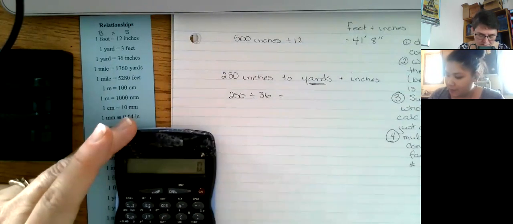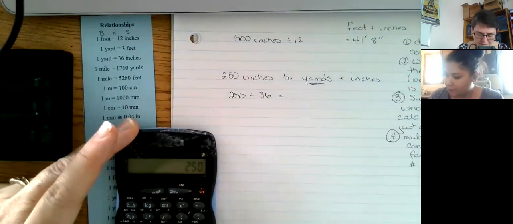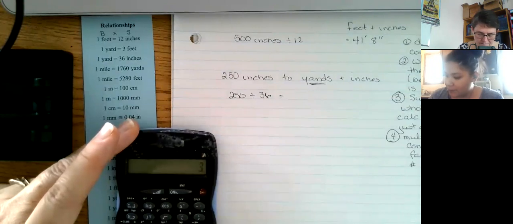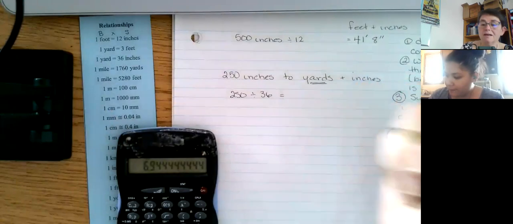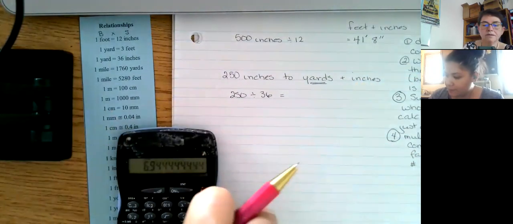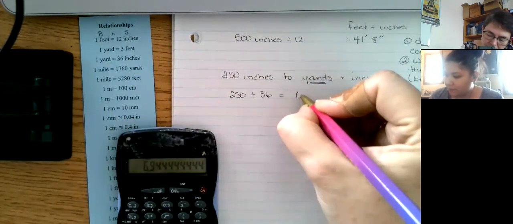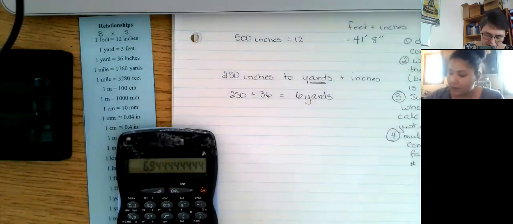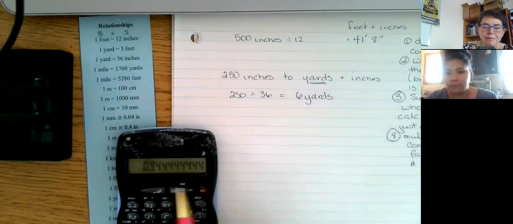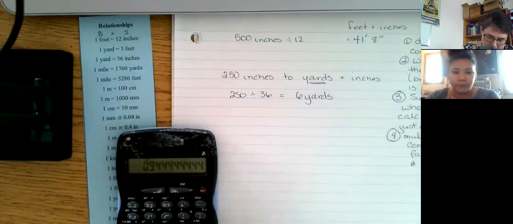All right, so I'm going to do it the cheat way. So I got 6.94, so that's going to be 6 yards. And then I'm going to subtract 6, leaving just the decimal. And then I'm going to multiply by 36 to convert it back to inches.